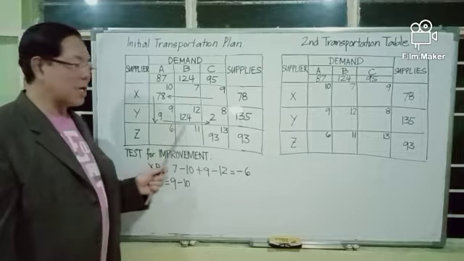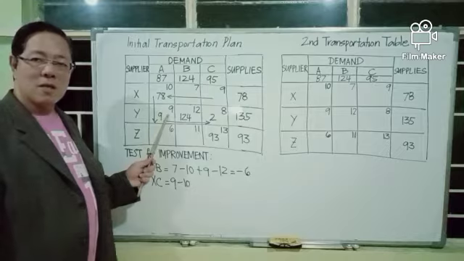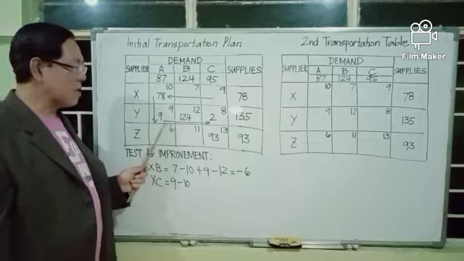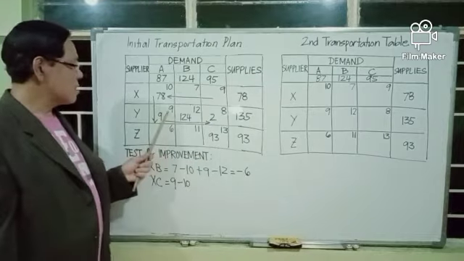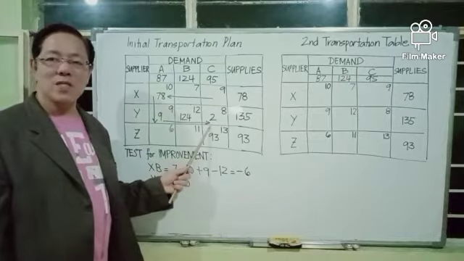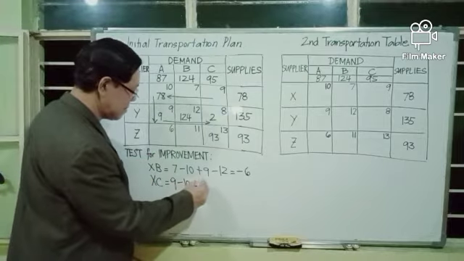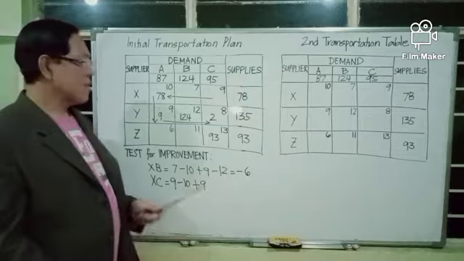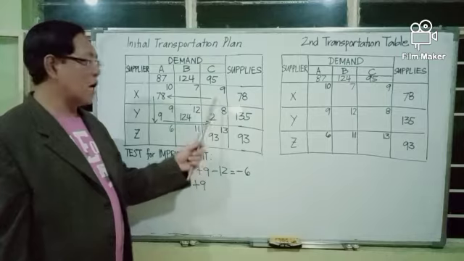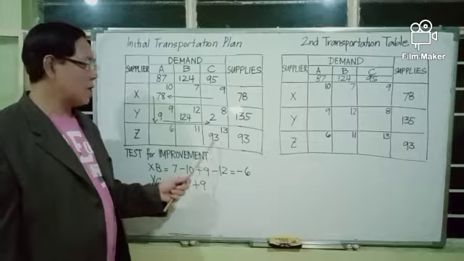The cost associated with this horizontal movement is the positive of the cost in the cell where you originated. We originated from this cell in going to this cell, and the cell cost is 9. The cost associated with this horizontal movement is plus 9. Finally, we return to this vacant cell, so we move vertically upward. If you move vertically downward, the next step is horizontal and it's vacant.